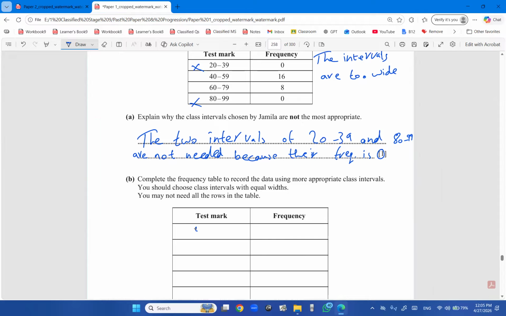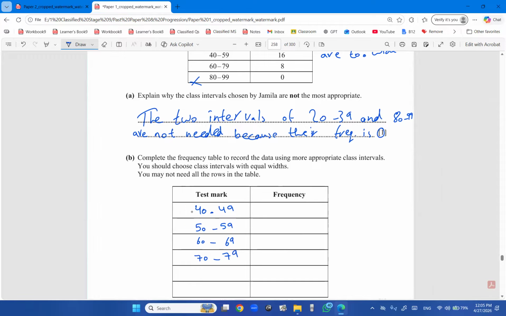So you can say from 40 until 49, then from 50 until 59, from 60 to 69, and then 70 to 79. Someone else might break it into fives. That is also accepted.